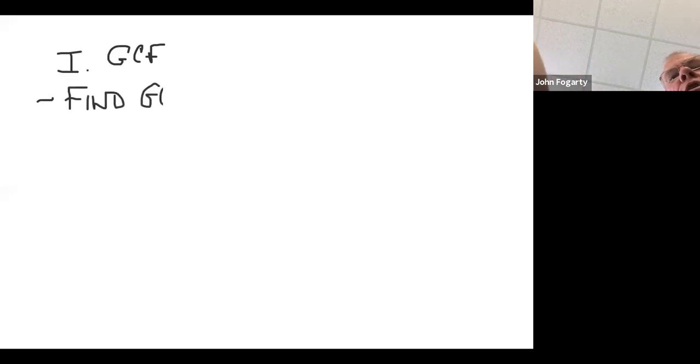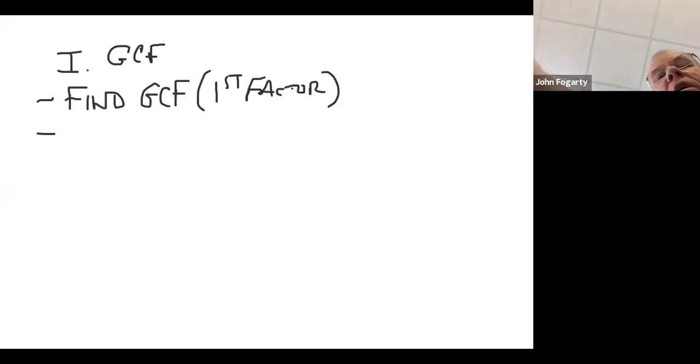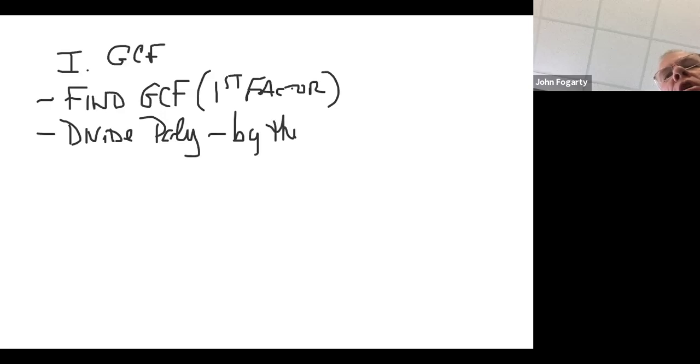Find the GCF. That's your first factor. And then the way you get the second factor is you divide the polynomial by the GCF. And that gives you your second factor.